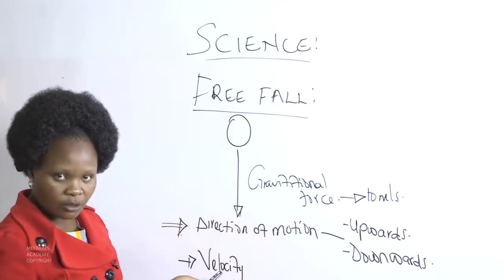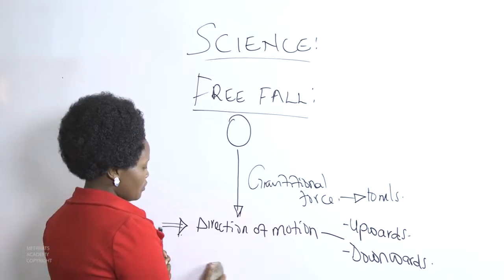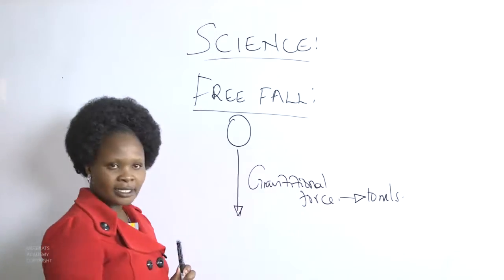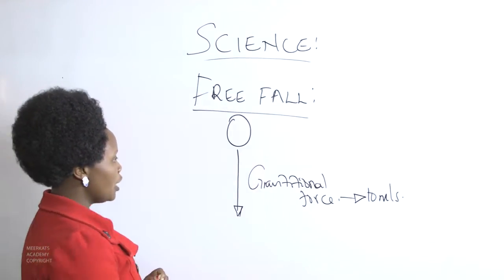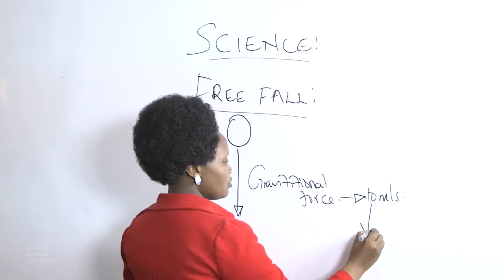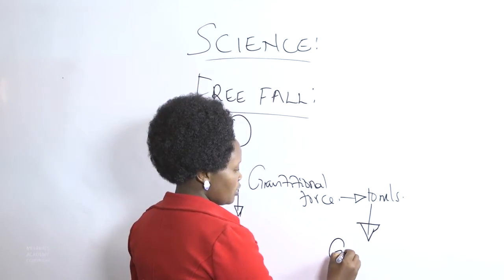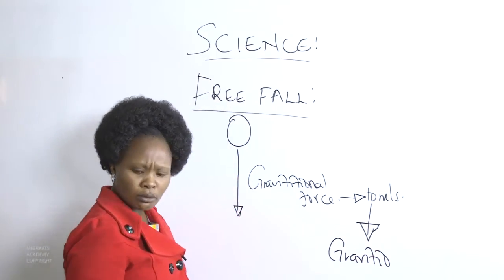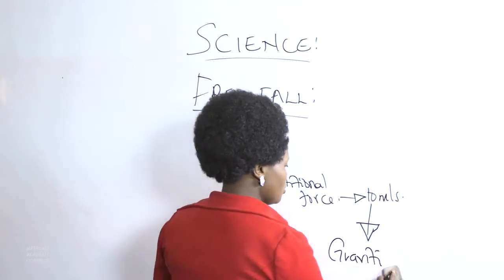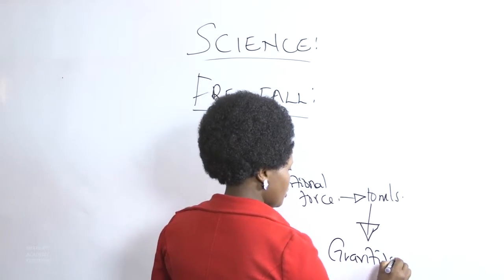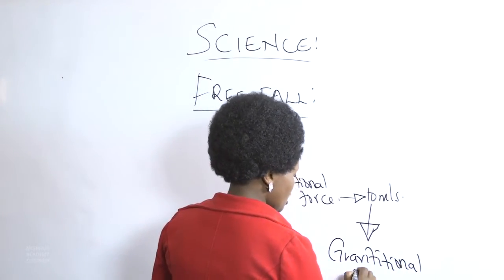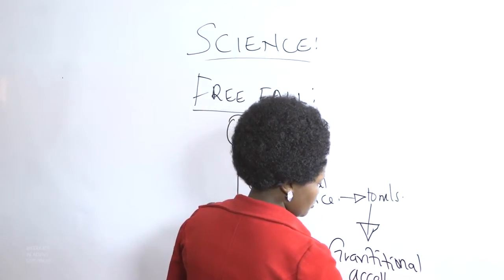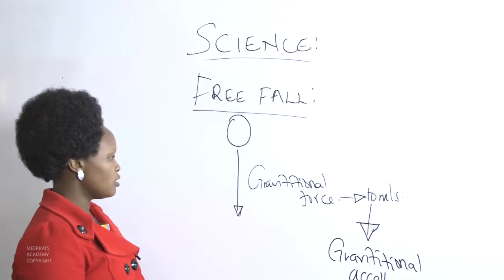So this particular force will have an effect of accelerating this body by 10 meters per second every second, and this kind of acceleration is what we call gravitational acceleration.